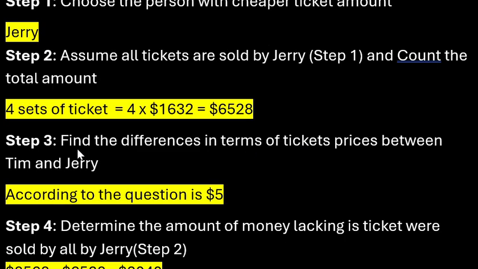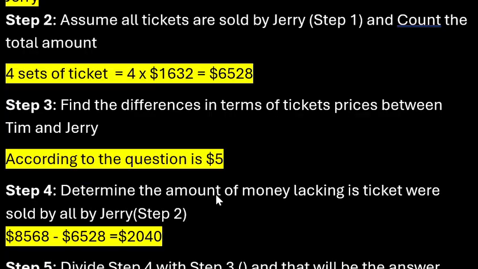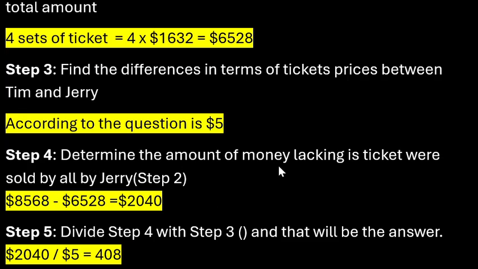Then I find the difference in ticket price between Tim and Jerry. According to the question, Tim gets $5 more, so it is $5 straight away. Step 4, determine the amount of money lacking if the tickets were all sold by Jerry. Sorry, there's a typo here.